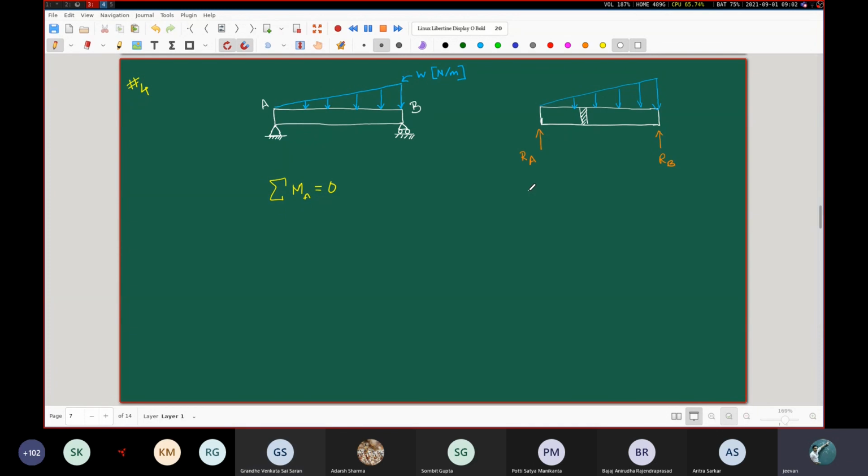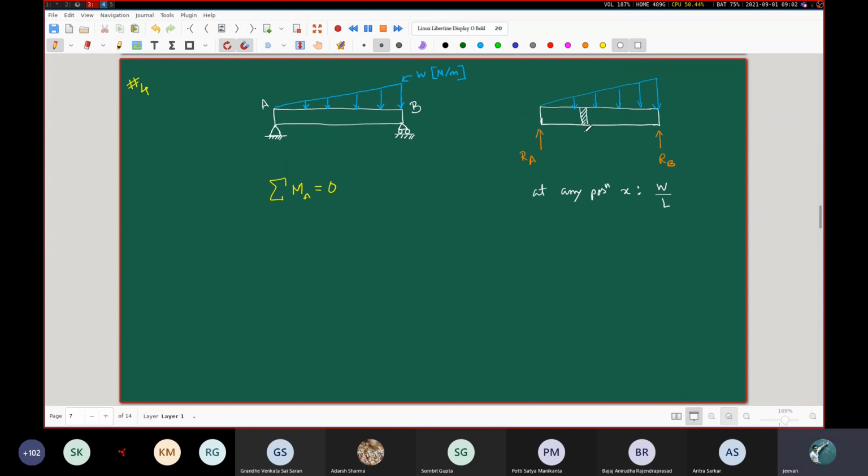Yes, you understand that at any position x, the intensity of this distributed load will be W by L into x. Actually what we are writing here is W minus 0 by L minus 0, since the value here is W and the value here is 0. Basically linear interpolation.